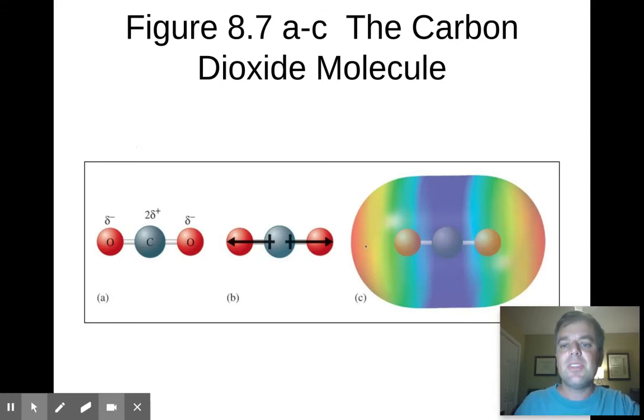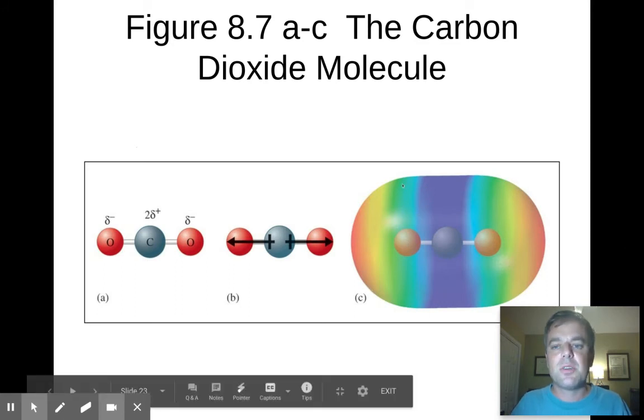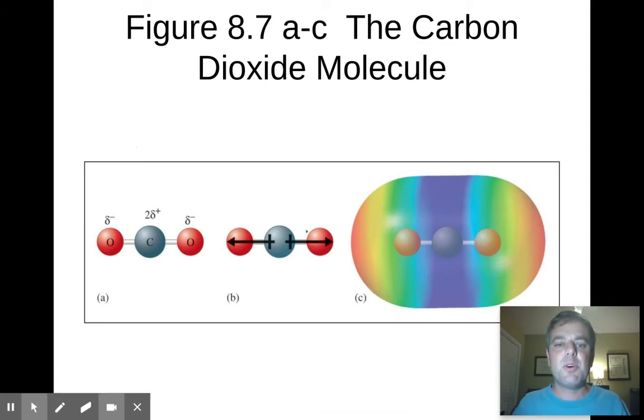This is less like a magnet, because magnets have a north pole on one end and a south pole on the other end. This is more like an Oreo cookie, where it's negative on the outside with some positive cream filling in the middle. Right? So this is a nonpolar molecule. It does not have a net dipole moment. These dipoles cancel each other out.